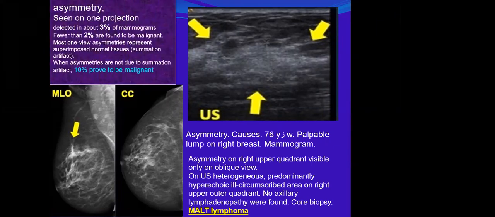Okay, so asymmetry seen on one projection, as we mentioned, if it is not a summation artifact, the probability of being malignant is 10%, even more than the focal asymmetry.